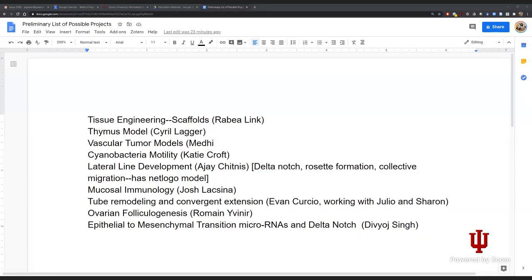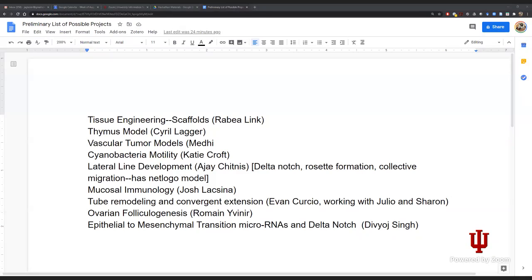And so then instead of saying just thymus model, we could say thymus and immune response model. I don't know how people feel.